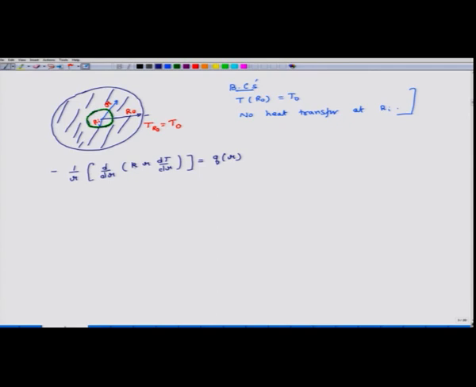Here k represents the thermal conductivity of the material, T is the temperature at any point in the medium, r represents radius, and because it is an axisymmetric problem, for the same value of r the temperature will be the same, and q is the amount of heat which is getting generated, the rate of energy generation in the medium.